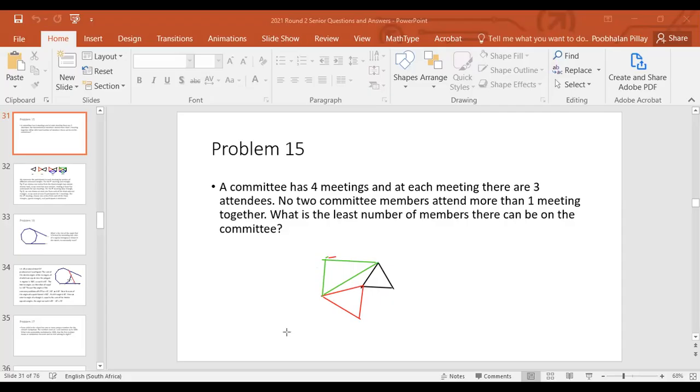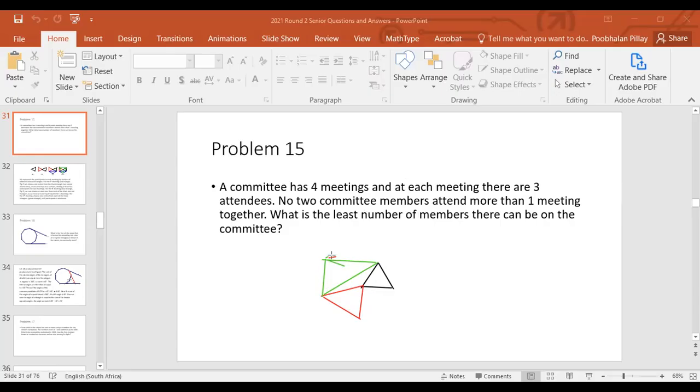Right. So now those 3 meetings, and you got all the people who attended those 3 meetings. Now for the fourth meeting, yes, I can choose one from each of these triangles, right? So there are no repetitions. And how do you do that? Well, I can't choose this or this. I'll choose that fellow. Choose this fellow from the third meeting.